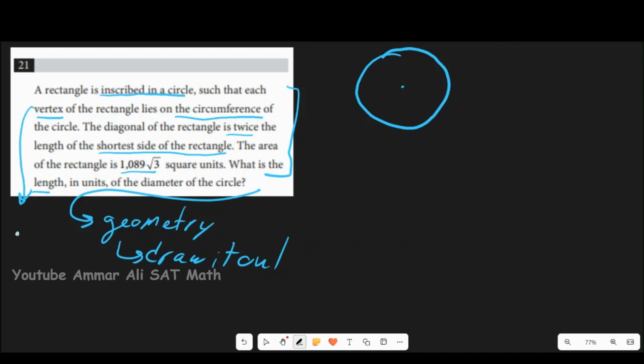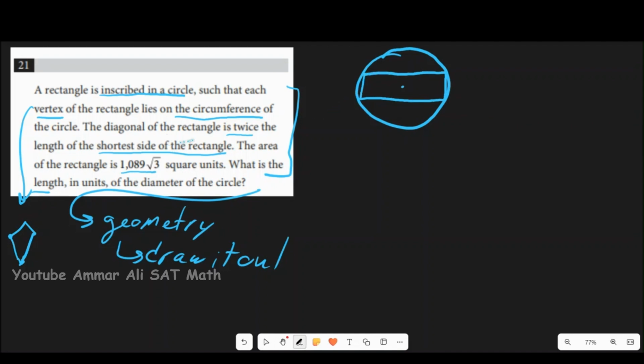Vertex just means a point where the sides change. Like if we have a diamond, this would be a vertex, this would be a vertex. Anytime two sides touch, that is a vertex. So what they're saying is each corner of our rectangle is touching the circumference. That's not a super accurate picture, but you get the idea.